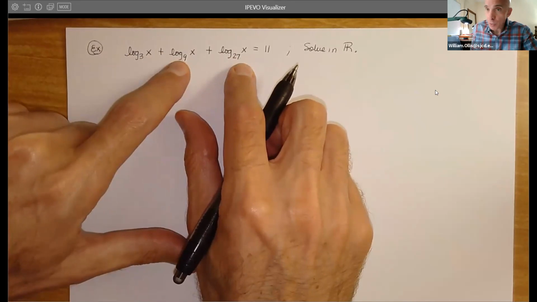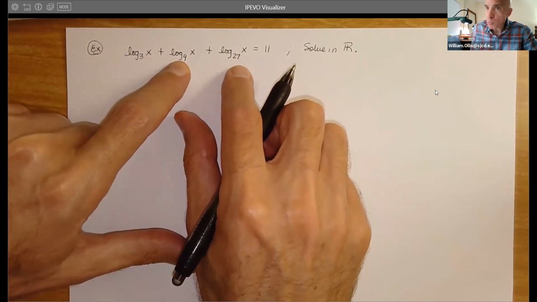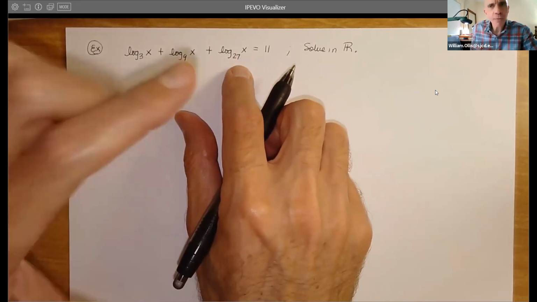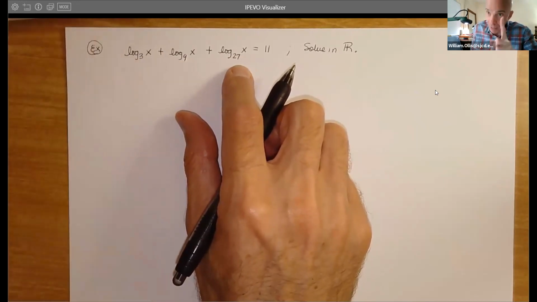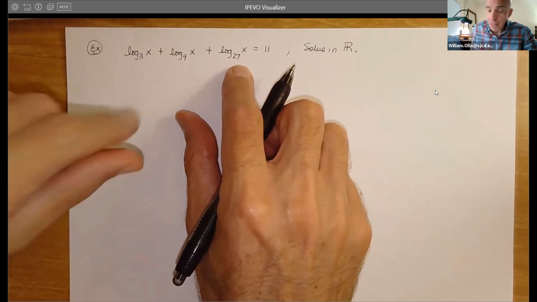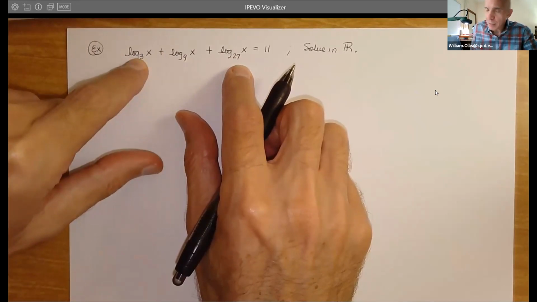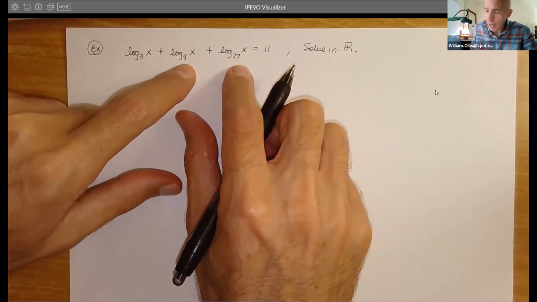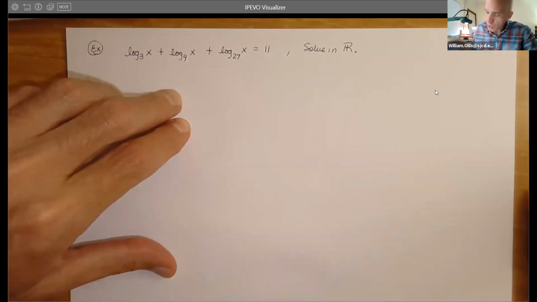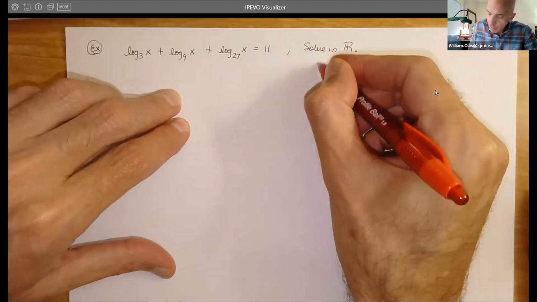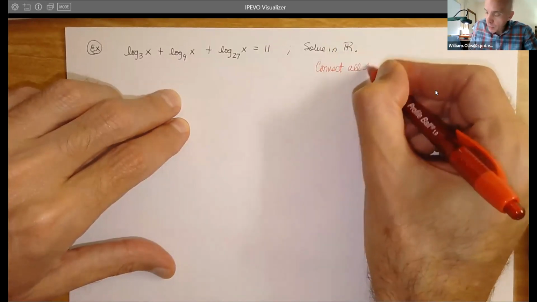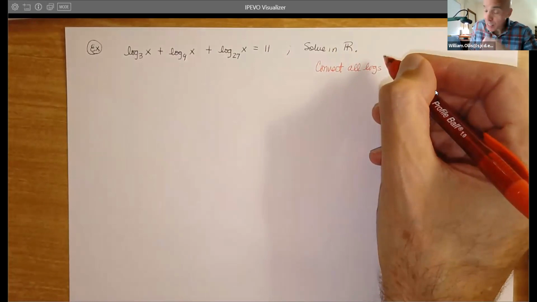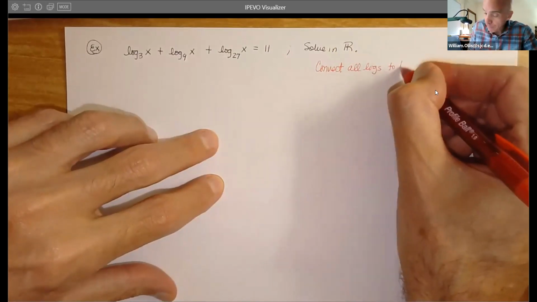So let's make that into a 3 and make this into a 3 since we have convenient powers. But even if we didn't have convenient powers, it wouldn't matter. We need one base. And so since we're kind of lazy, we're thinking, let's just go the lazy route. And so the first thing we would do is convert all logs where it's necessary to base 3.